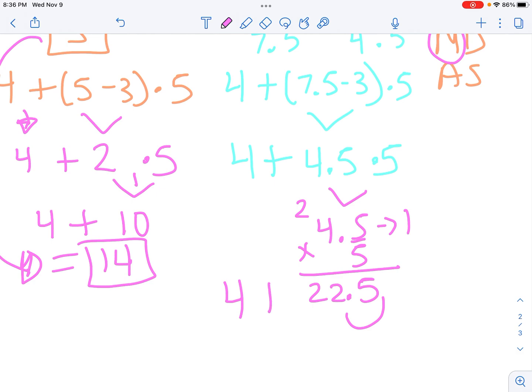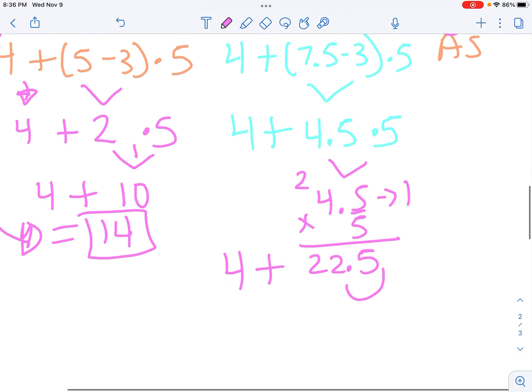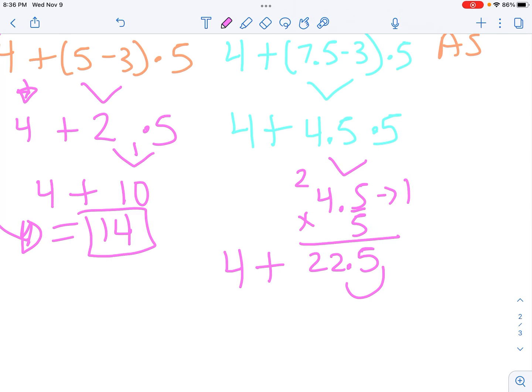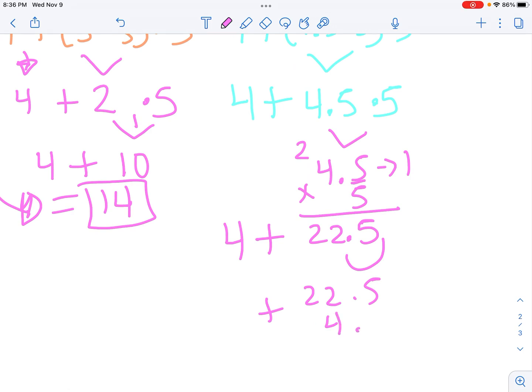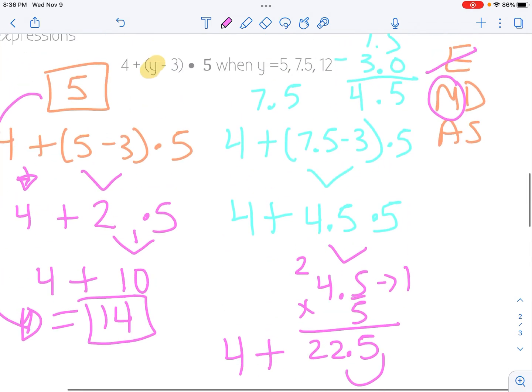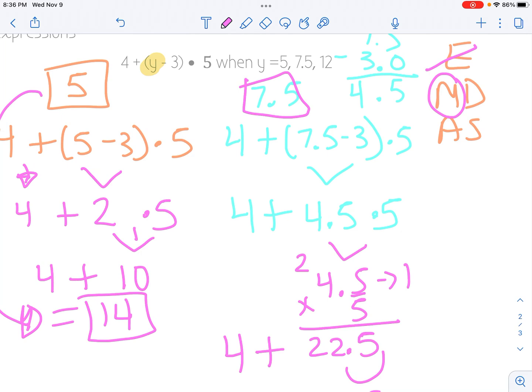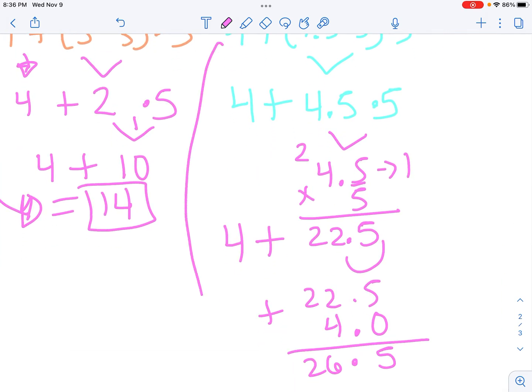Now at the bottom of my expression, all I have to do is add 4. 22.5 plus 4. I'm going to write 4 as a decimal, line up my decimals, and I'm going to go ahead and add. So when y is 7.5, my answer is 26.5.